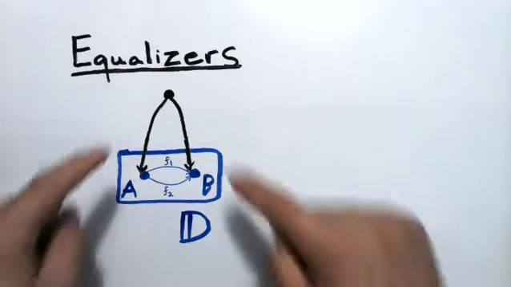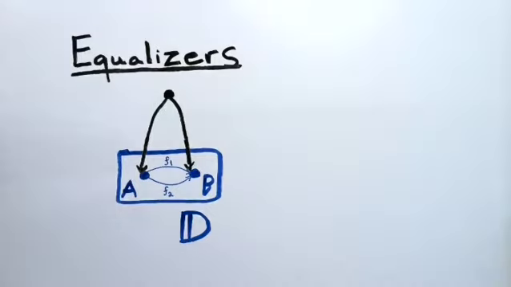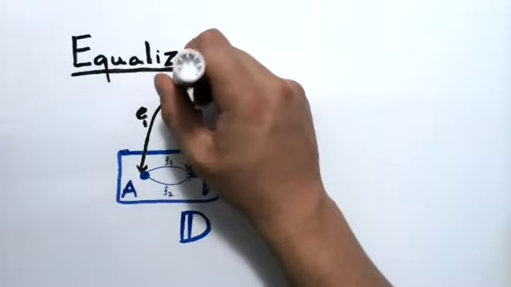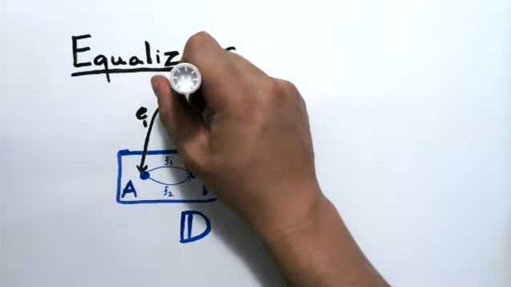So here, for example, say we have two morphisms, maybe call them E1 and E2 for equalizer, and maybe our object here will be E. What would it mean for this triple to be a limit over this diagram? Well, we know that we need to have one morphism going to each object, so we're good there. There's one morphism going from E to A and one morphism going from E to B.